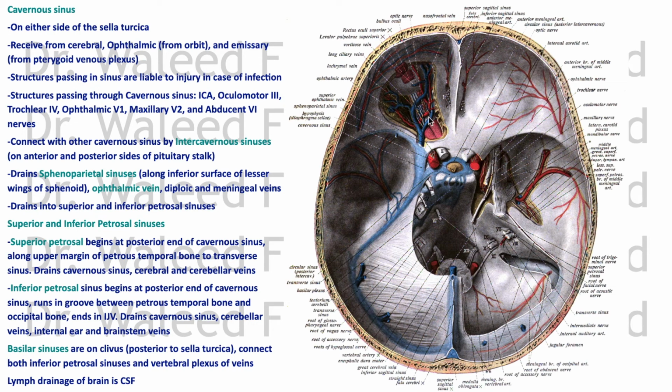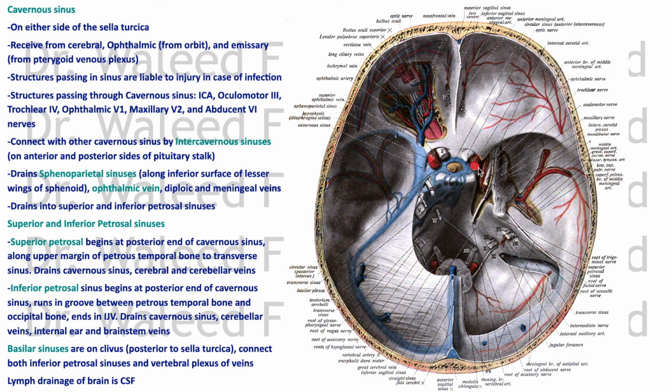It drains the ophthalmic vein, as you can see here, the superior ophthalmic vein. Drains means they empty into the sinus. And the sphenoparietal vein on the margin of the lesser wing of the sphenoid bone. See? It's here and here. It's the sinus of twos, 2 at front, 2 at the back, and 2 connecting.